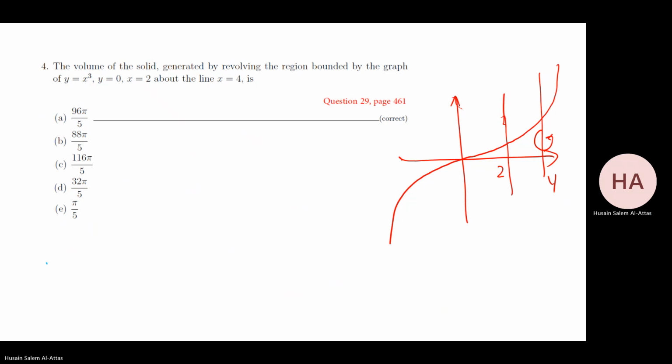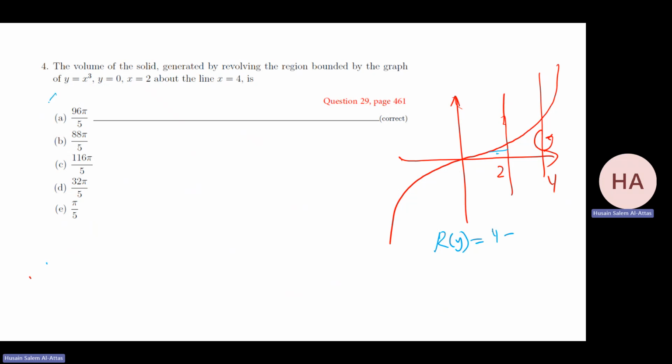So what will be my place? This is my place. And I want the, oh, no, I want it to be the other way. It will be like this, since it's perpendicular to the axis of revolution, which is x equals 4 in this case. So I have capital R of y, the outer radius, will be 4 minus the function.